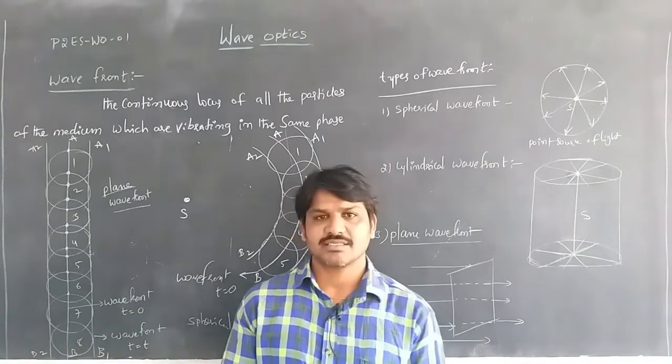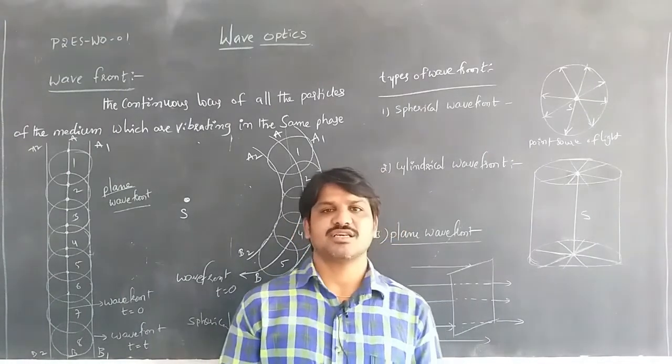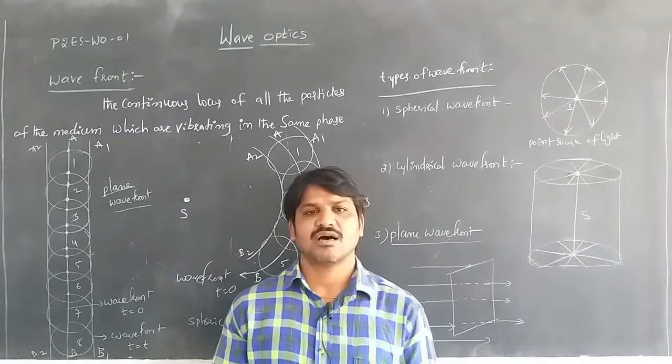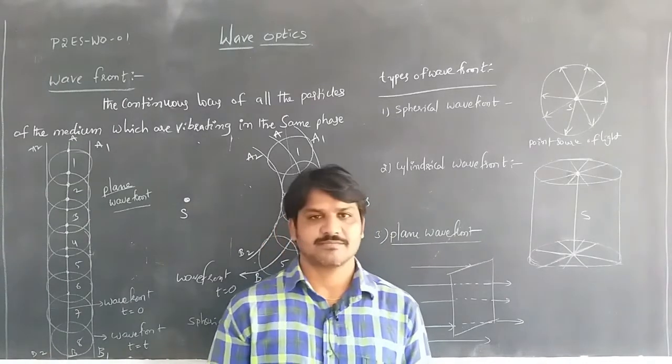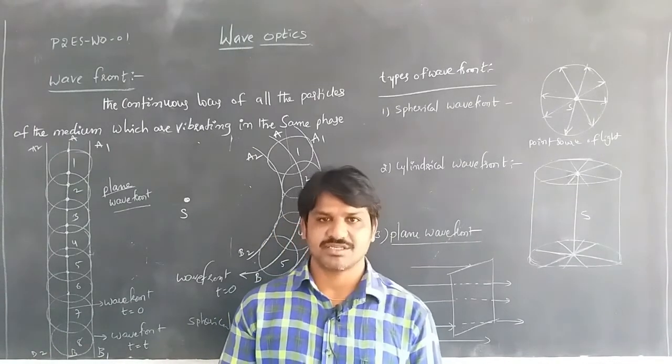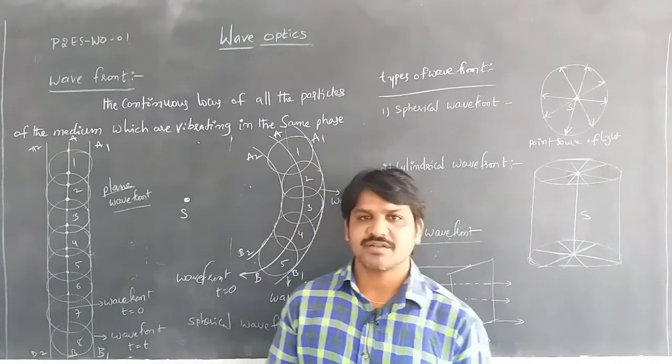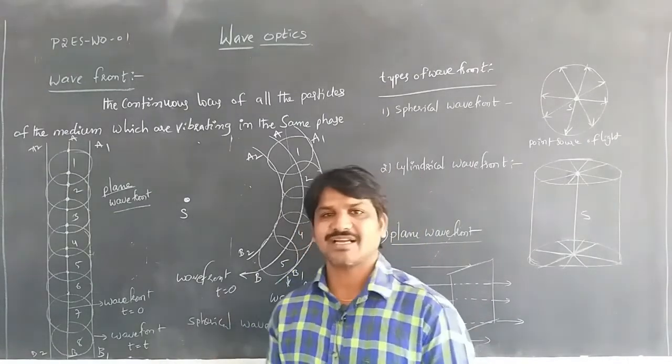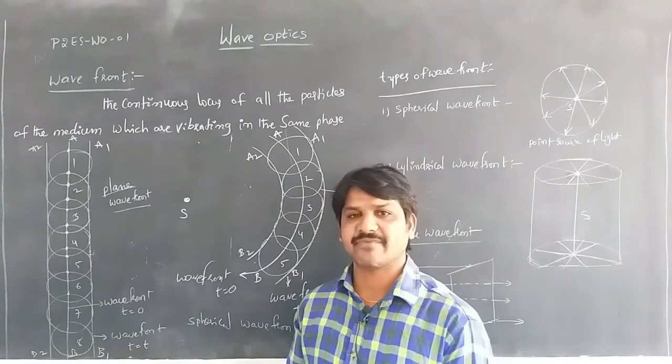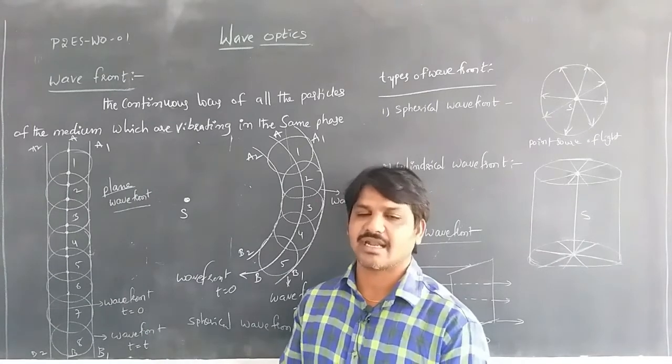So Huygens proposed that light has a wave nature. The wave nature of light satisfies the phenomena of diffraction and interference and other properties also.